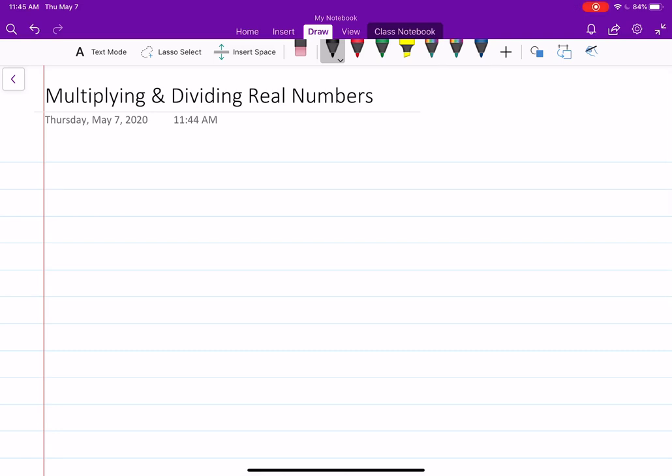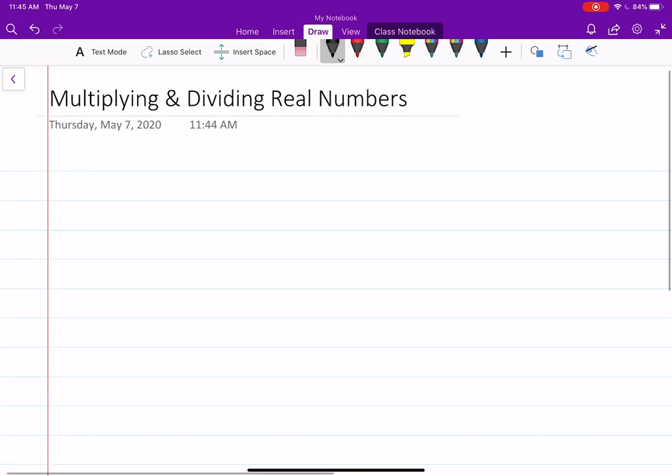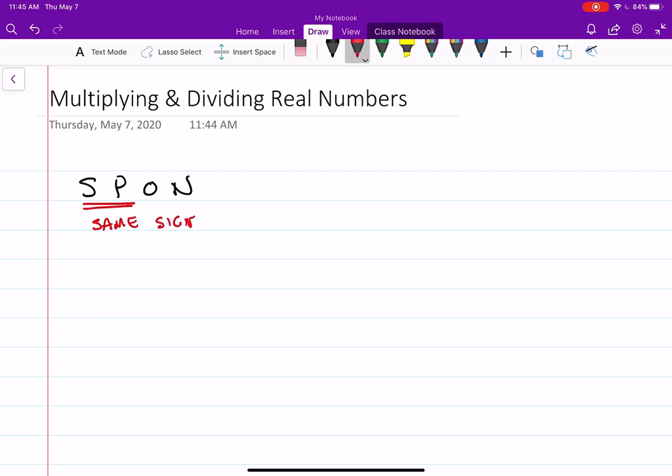All right, so we're going to talk about multiplying and dividing real numbers. One of the first things that I want to talk about is this acronym, SPAN. It means same sign, positive.